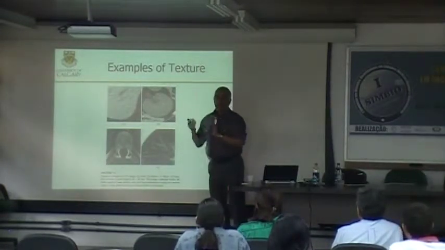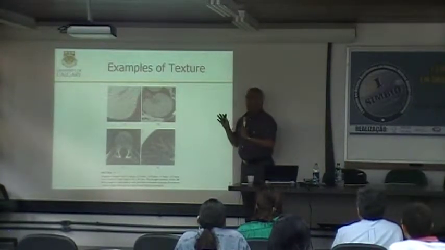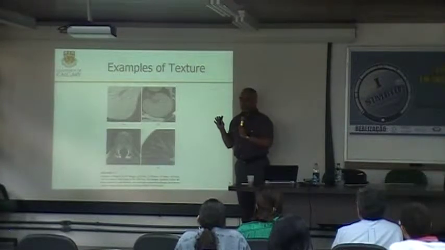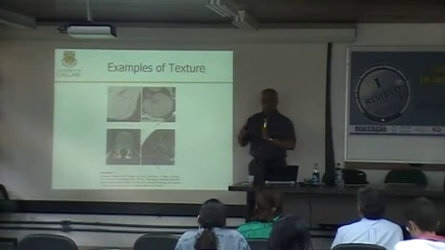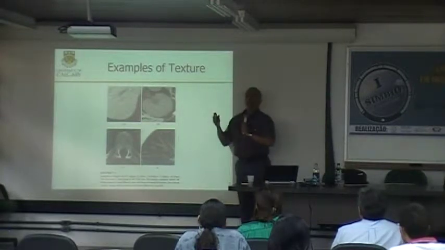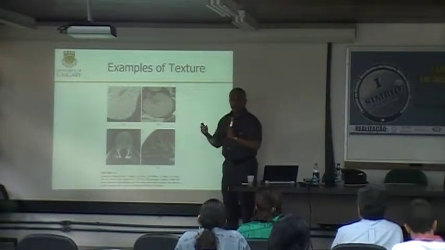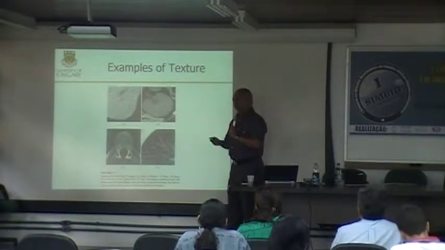In medical images, texture is affected or created by different phenomena. Some may be intrinsic, some may relate to or be affected by the mode of investigation. Is it ultrasound, is it X-ray, is it magnetic resonance imaging? The texture will be different.